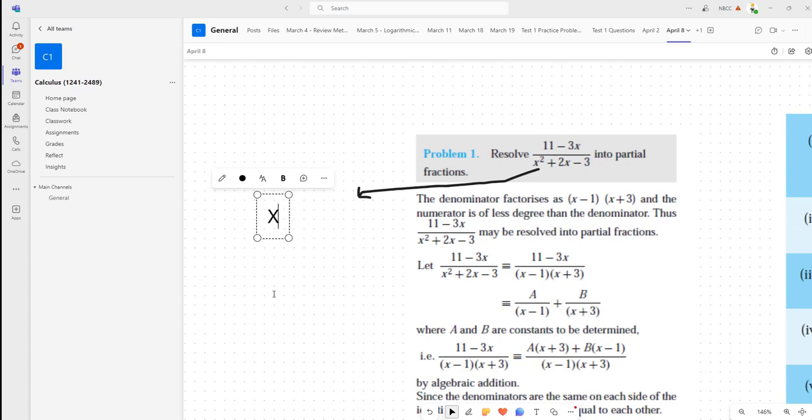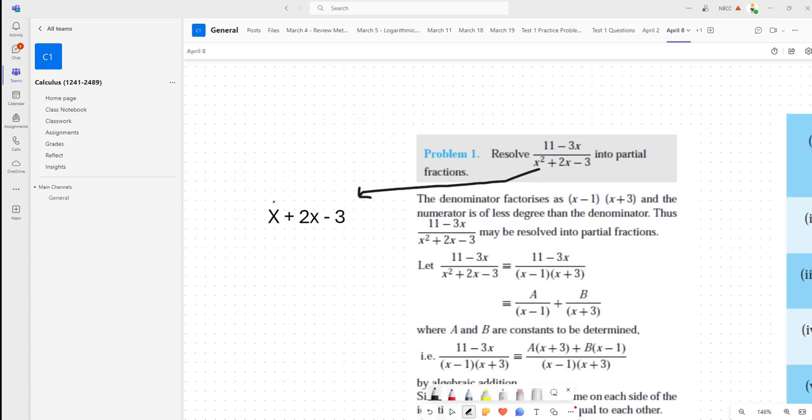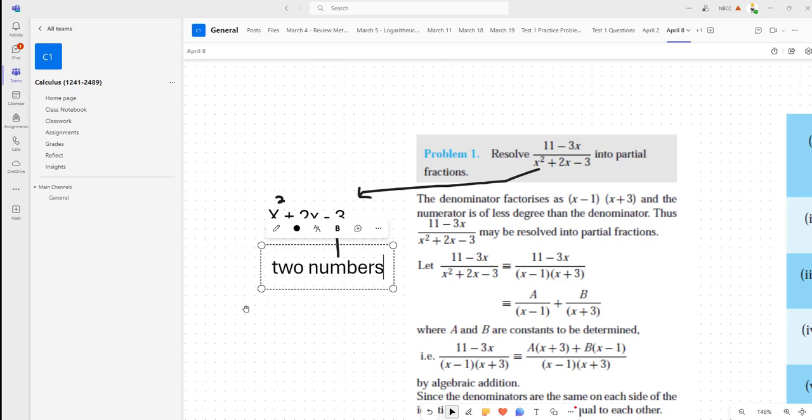So we have x squared plus 2x minus 3. What we need to do is find, in this case, two numbers that multiply to equal minus 3.